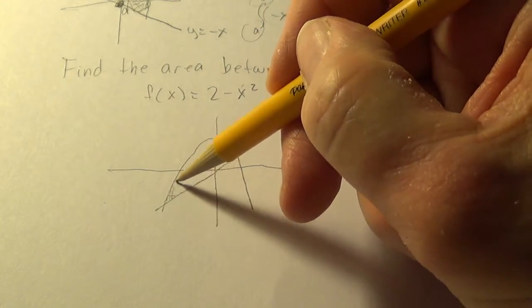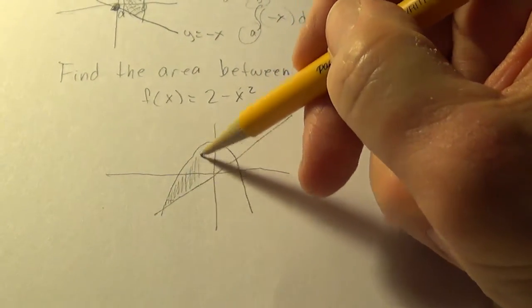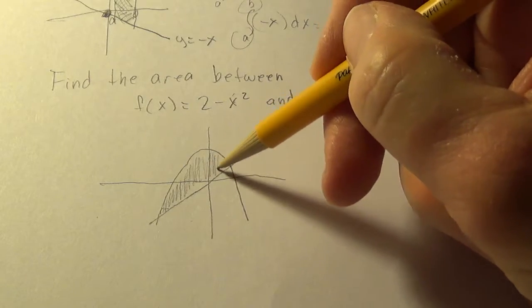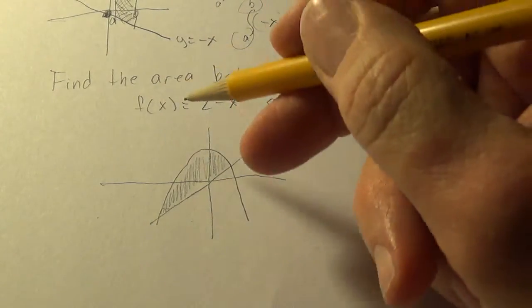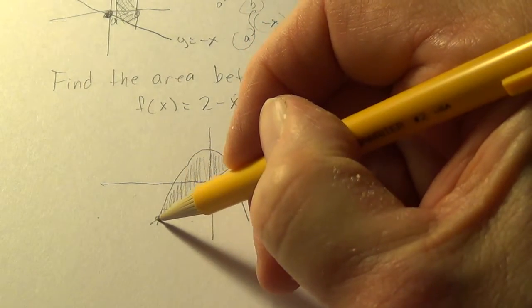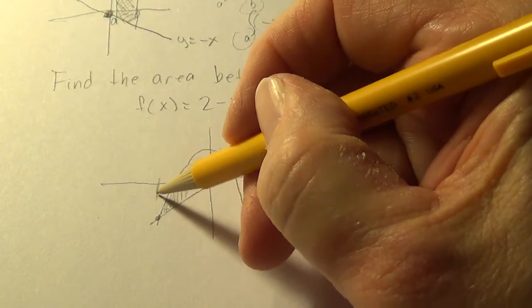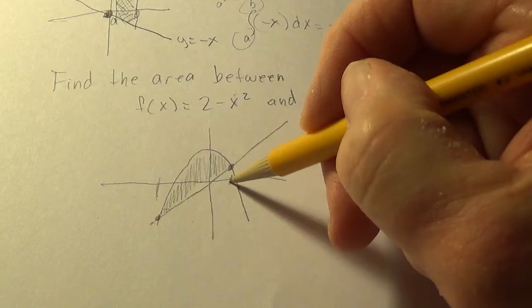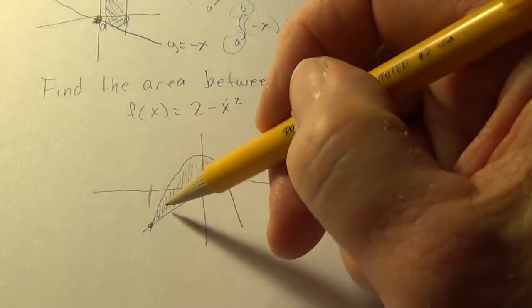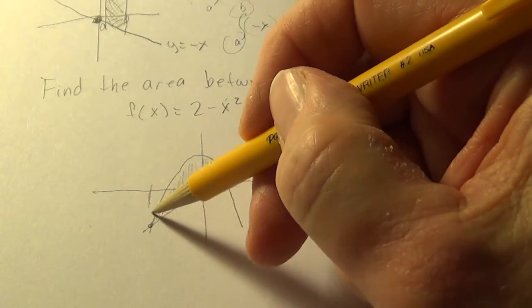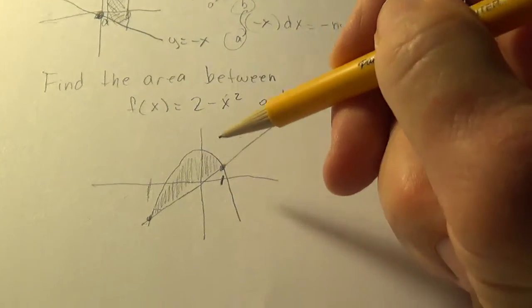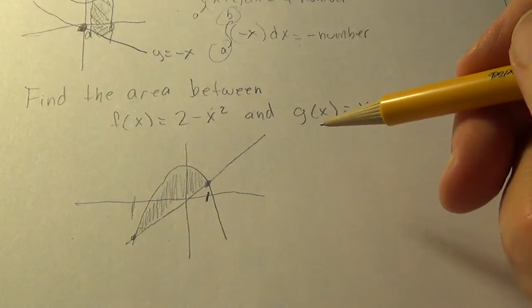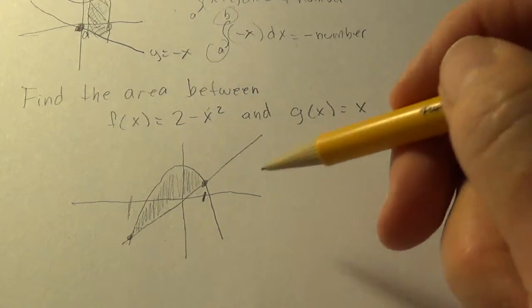It's just between here and here. So in order to do that, we need to know the x value from this intersection point and the x value from this intersection point. And we'll integrate from the lower x limit to the upper x limit. So let's see what that will look like in this case.